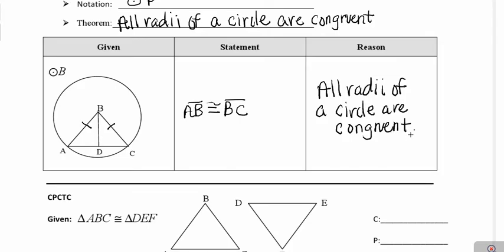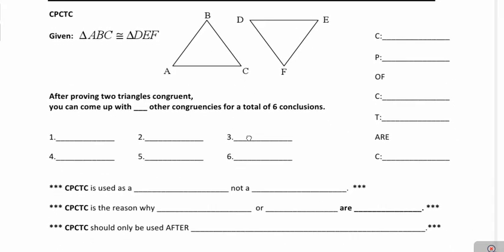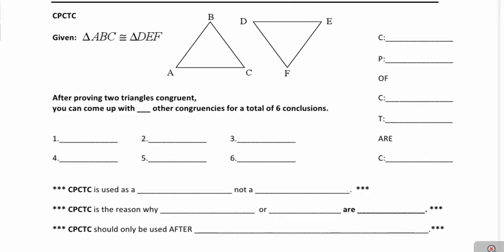Now, switching gears, up until this point, we've talked about proving triangles congruent, but now we're going to take those proofs one step further using something known as CPCTC. CPCTC stands for corresponding parts of congruent triangles are congruent.